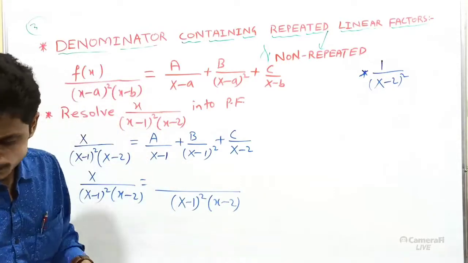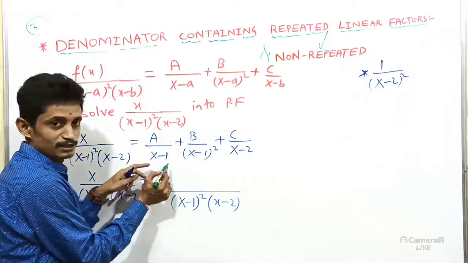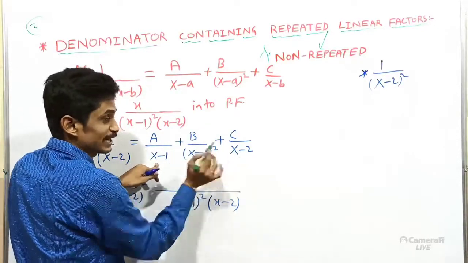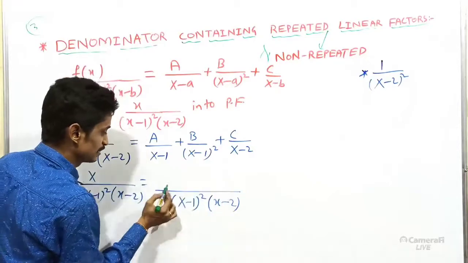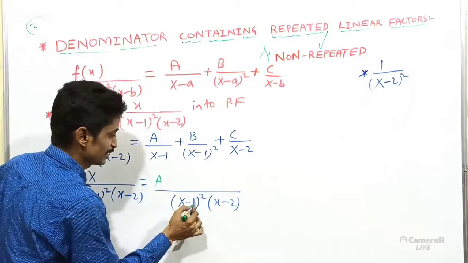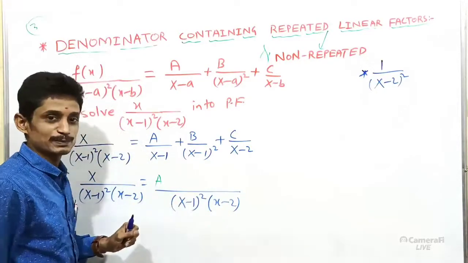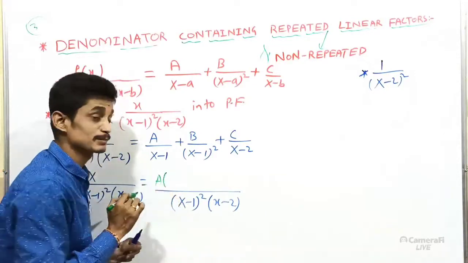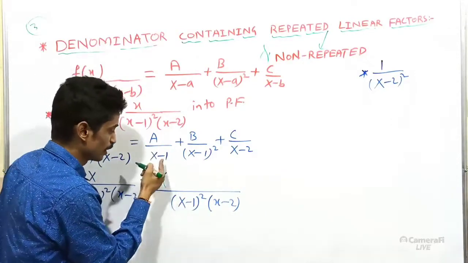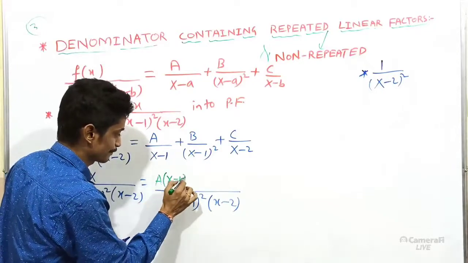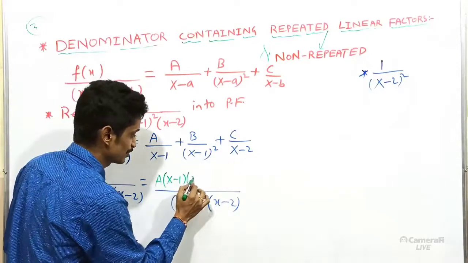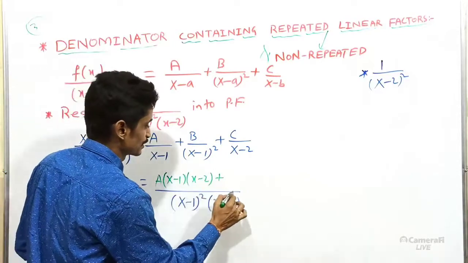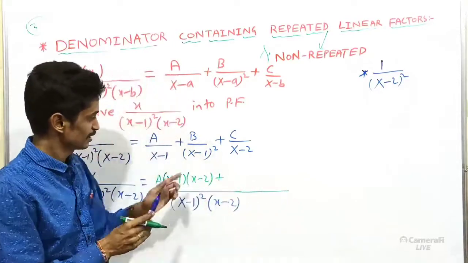Here you have x minus 1, but you need one more x minus 1 along with x minus 2, because the LCM is x minus 1 whole square into x minus 2. I have only a single x minus 1, so what can I multiply? One more x minus 1 term and x minus 2. Then it will balance.